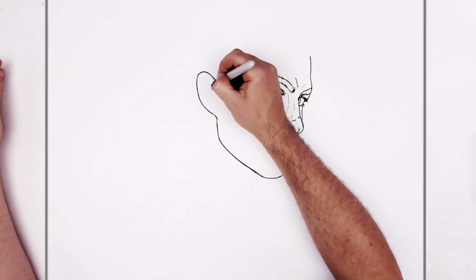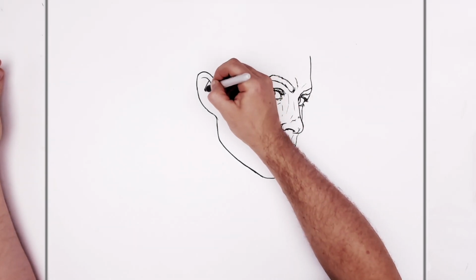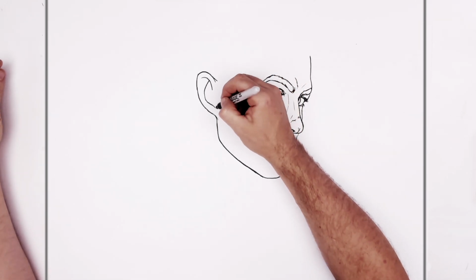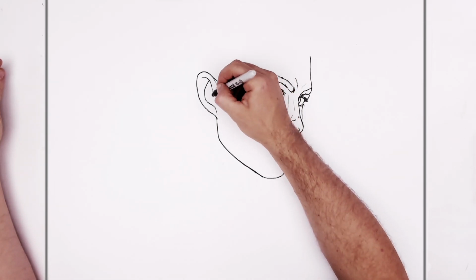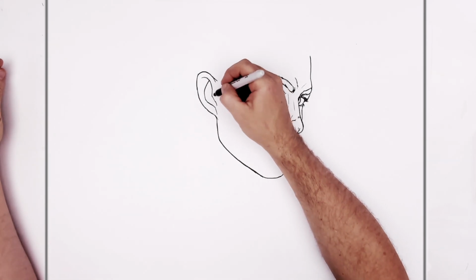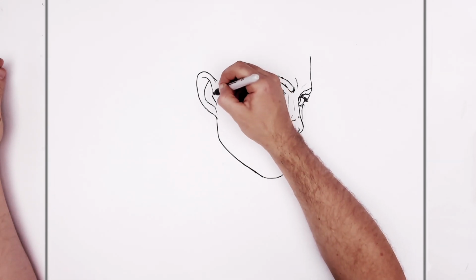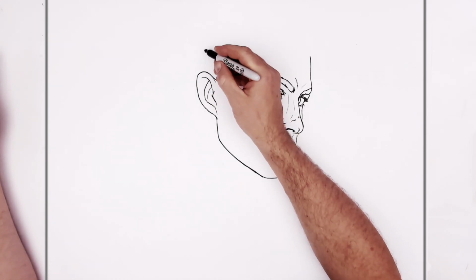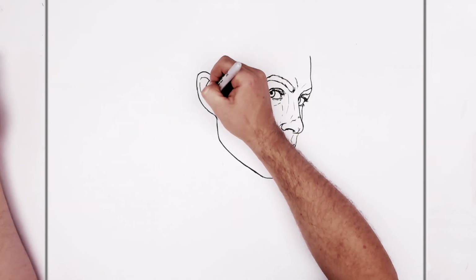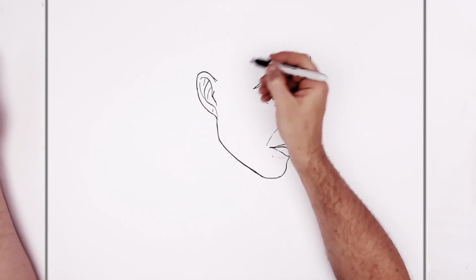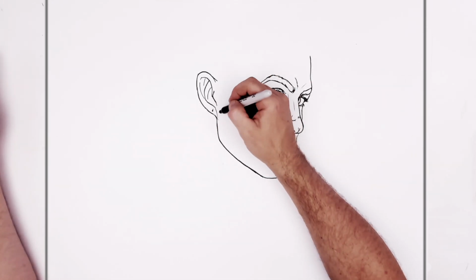And then we have the ear lines inside. Got a piercing there, like the whole of it anyway.